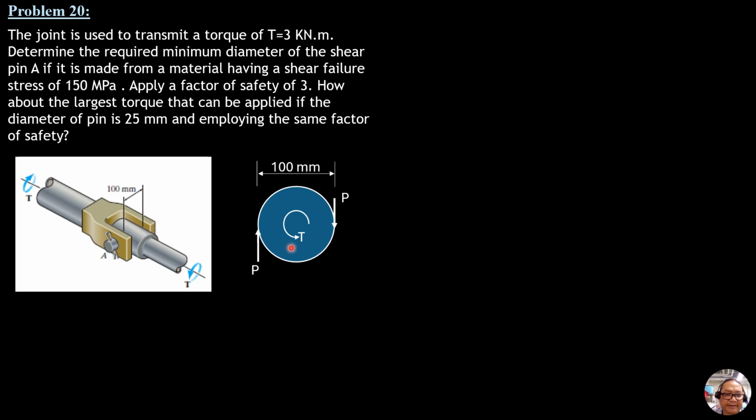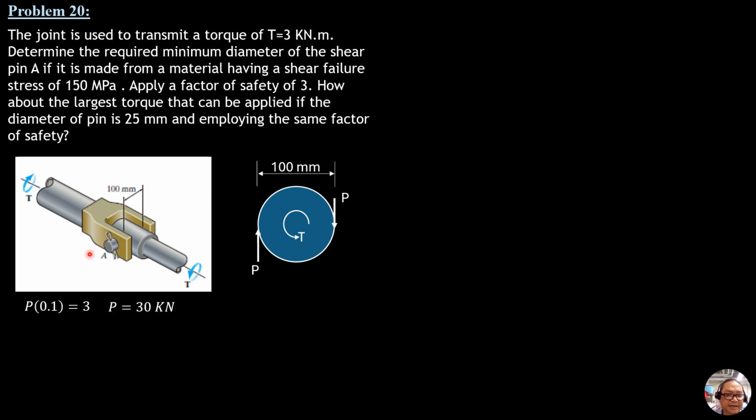So we equate P times 0.1 meter to the torque. Summation of moment about the center, or at any point, equals 0. So P times 0.1 equals 3 kilonewton meter. So that means P is 30 kilonewtons.